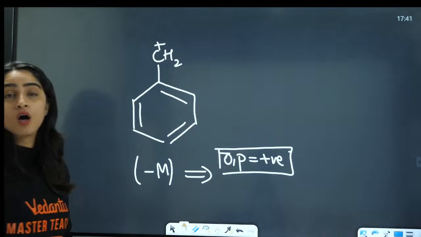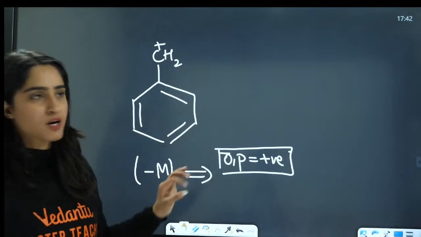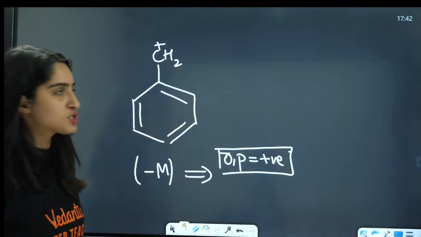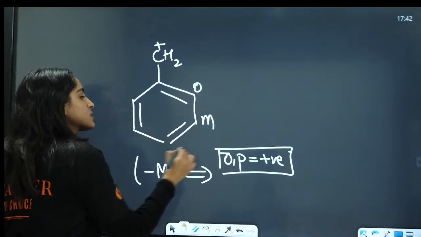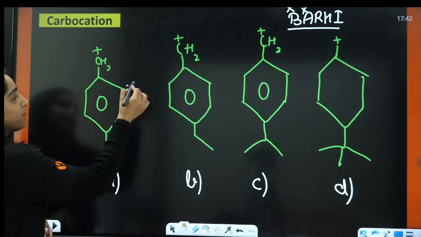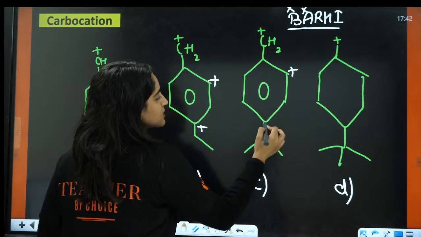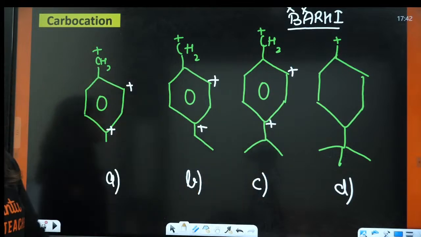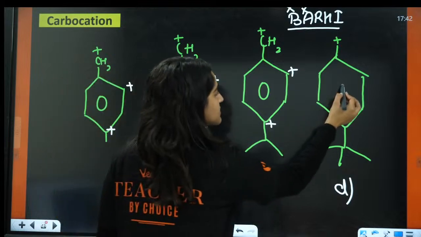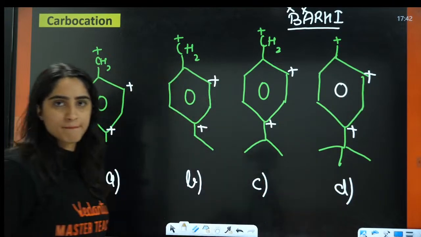This is ortho, this is meta, and this is para position. So now, as you know, ortho and para will have positive charge in all these cases.